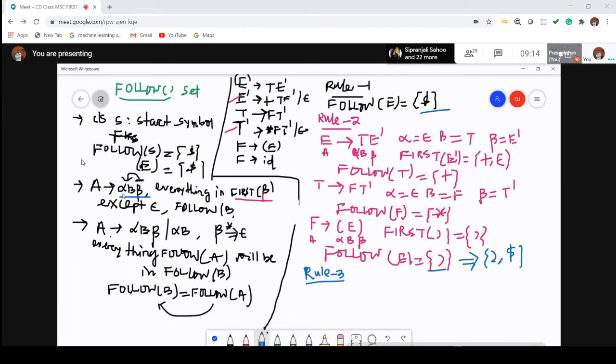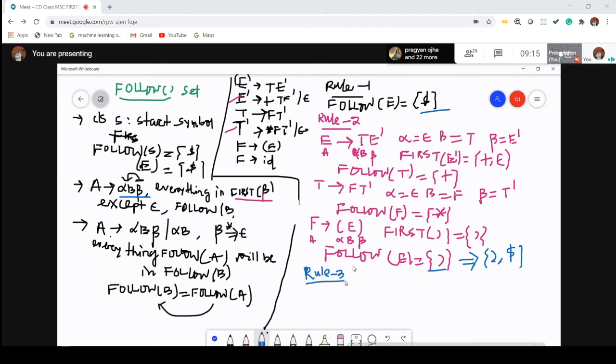Okay. What is rule number 3? If there exists a production A to alpha, B, beta or alpha, B, then we can go for those types of production. And always remember, rule number 3 can be applicable for all the productions; it may contain epsilon, it may not contain epsilon.